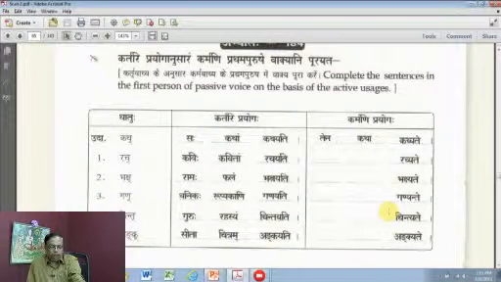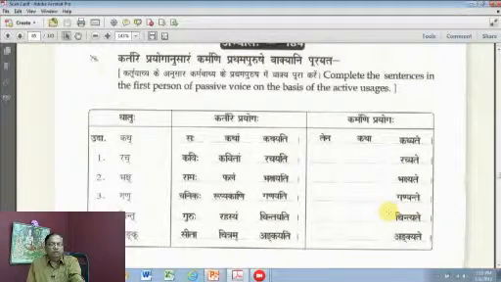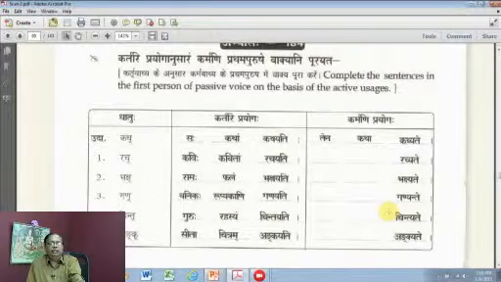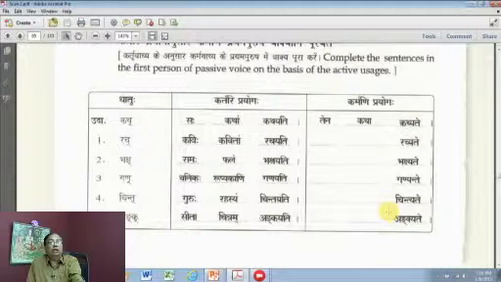Gana, to count. Dhanikaha rupyakani ganayati. A rich man is counting the rupees. Dhanikena rupyakani ganyante. Rupees are counted by a rich man.